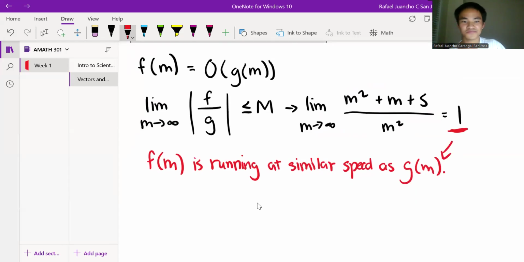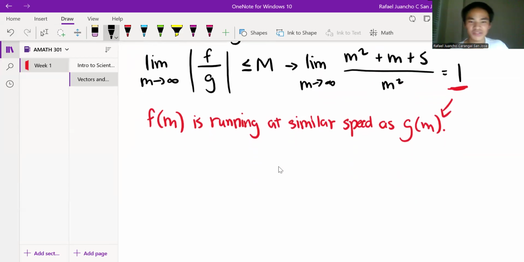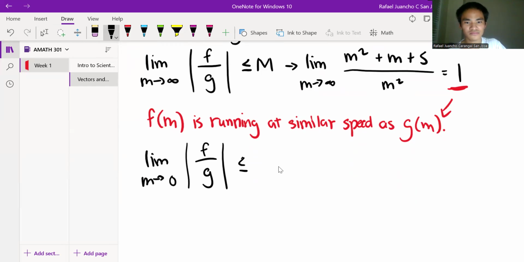That's what that means. Now let's say what if m approaches 0? So let's try that. If it approaches 0, okay, let's see.